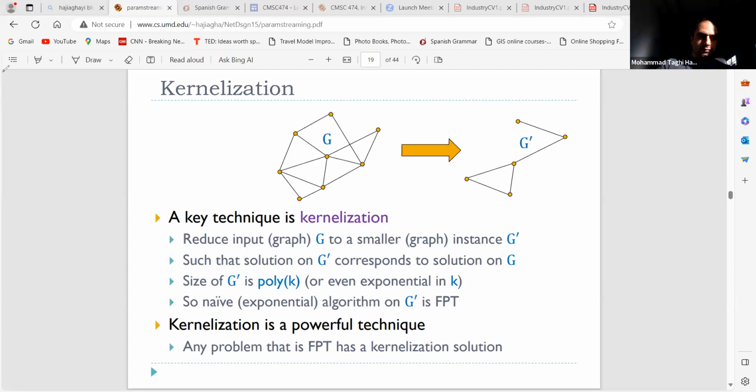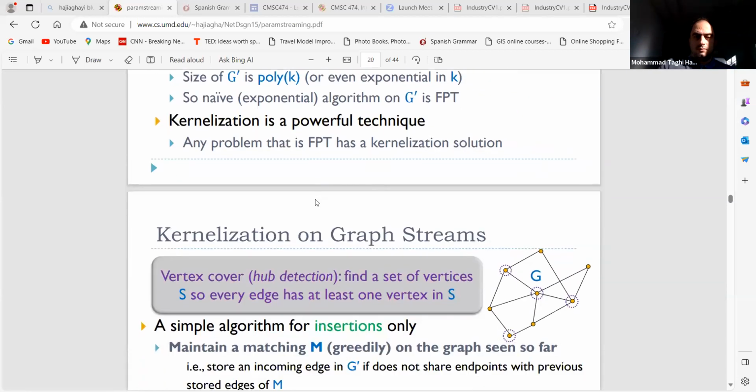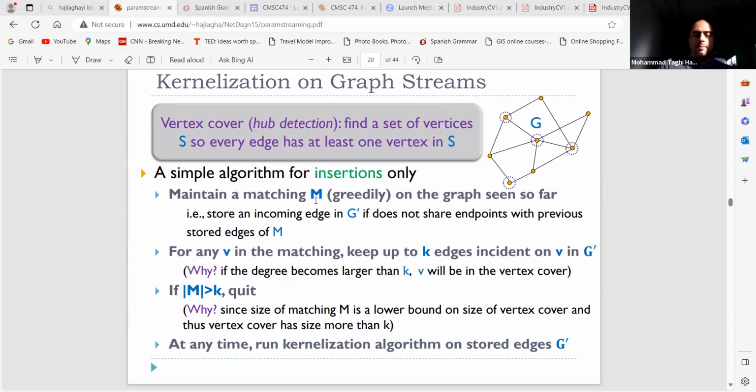Now, we talk about this simple algorithm for vertex cover. What was the problem again? You want to find a set of vertices S so that every edge has at least one vertex in S. And in the simple case, in the stream you are just inserting edges, and the idea was that you are maintaining a matching M greedily on the graph so far.